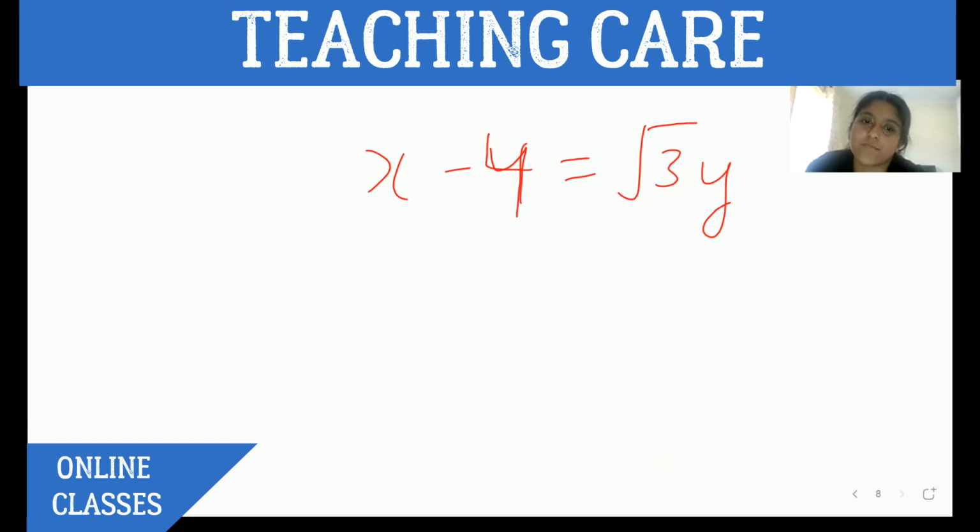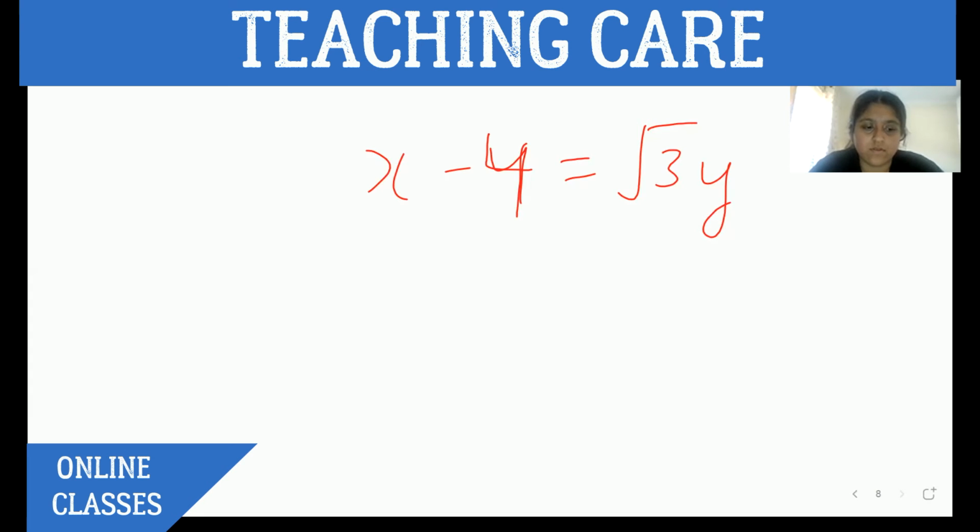So 1x minus root 3 y minus 4 is equal to 0. So the value of a is 1, b is, just root 3 or minus root 3? Minus root 3. And the value of c is minus 4. Correct.